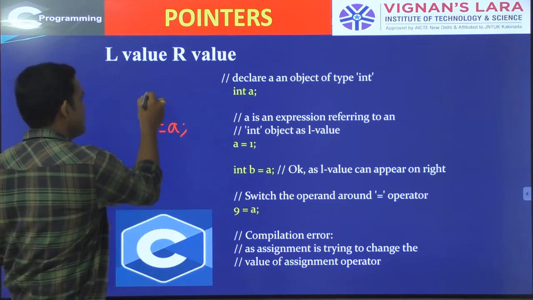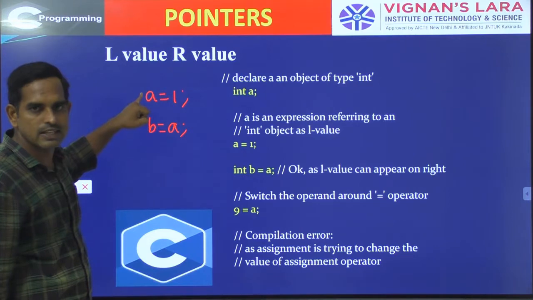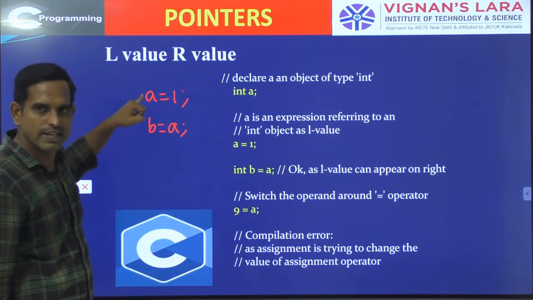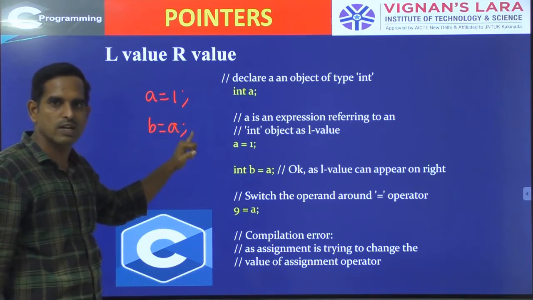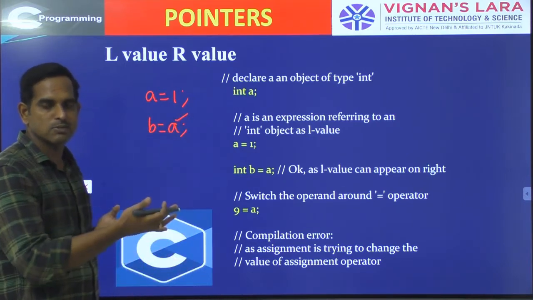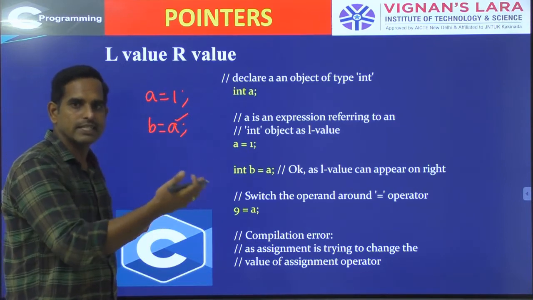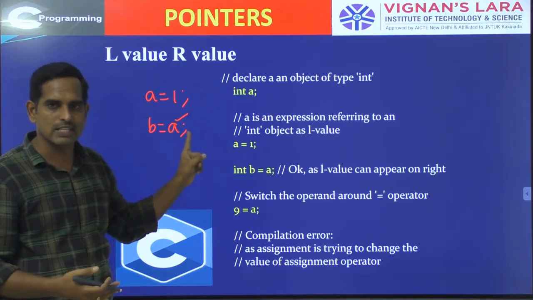So in the previous statement, when I wrote A is equal to 1, at this instance A is the L value expression. In the next statement, if I write B is equal to A, at this time A is your right hand side expression. So your L values can appear on the right hand side as well.